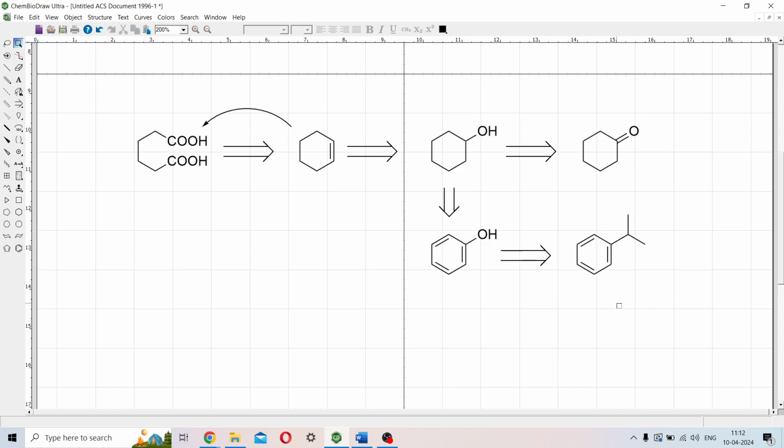You start from this, and exploiting the radical stability at the allylic position, you introduce an O2 group there, so it gets a peroxide, and then you rearrange it. And not only do you get phenol, but you also get acetone, two of the most important organic chemicals in chemical industry.